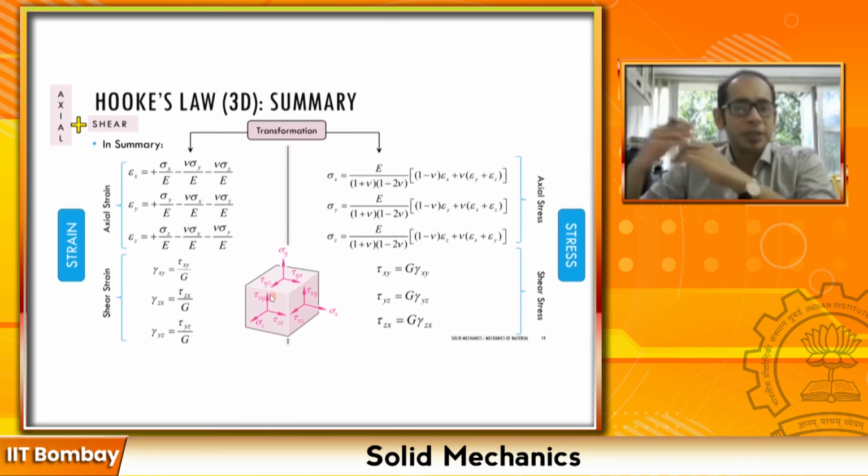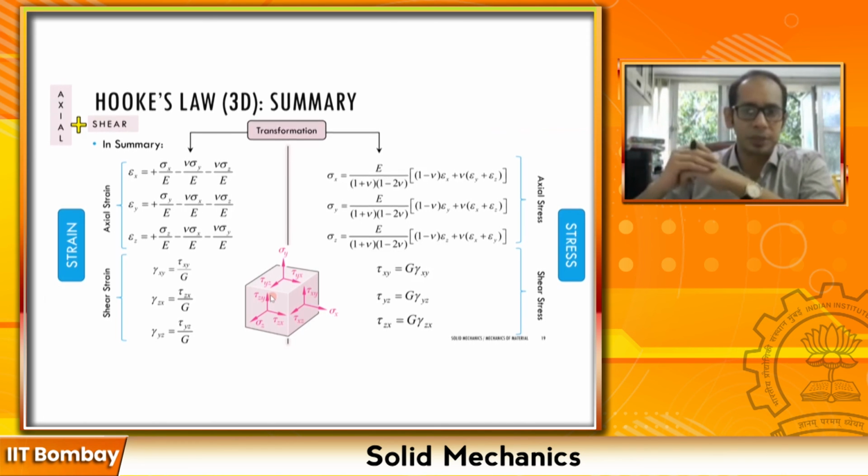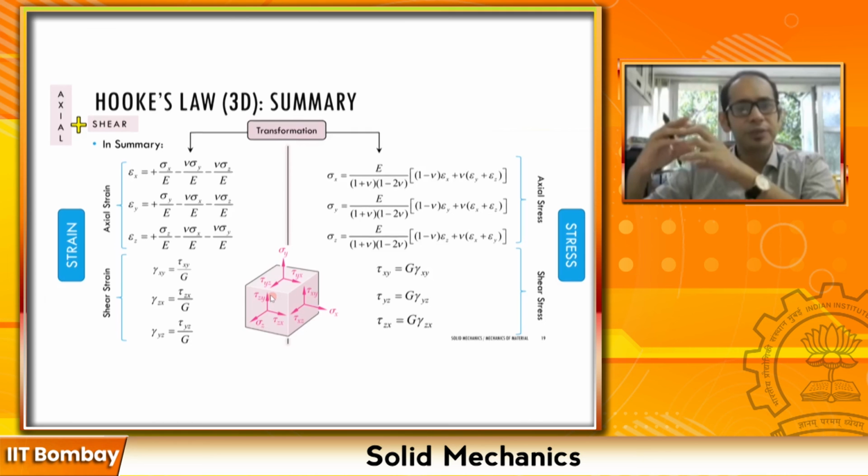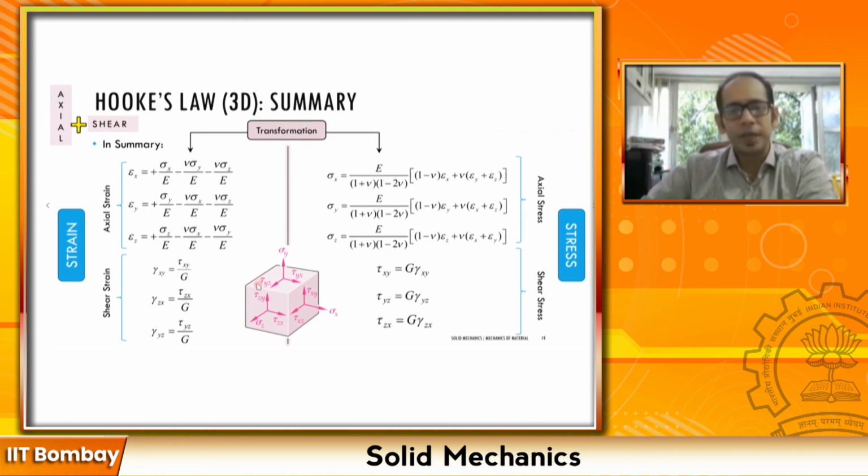Now, as you can imagine, the plane stress and the plane strain, as I said, are essentially derivatives of the general state of stress. In the general state of stress, you have the stresses and the strains acting in all the different directions. In the two special cases, you will see the stresses disappear about a particular direction, or the strains disappear about a particular direction, depending upon the type of structure, the boundary conditions, and the type of loading. So this is what we are going to look at, right?